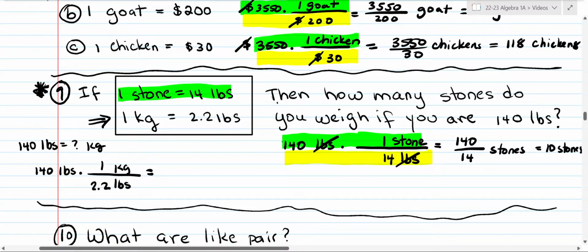Right? Wait, we cancel the pounds. Now, think your numerators, think your denominators. Right? Gather your numbers. So you have 140 over 2.2. And 140 divided by 2.2 gives you 63.63, so about 63 pounds. I mean, about 63 kilograms, my bad. All right.